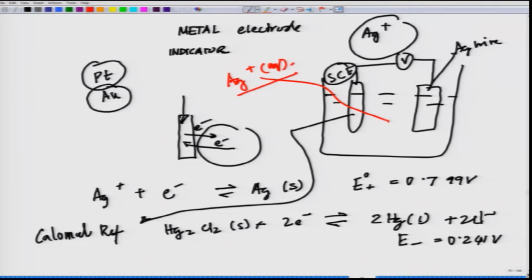Now, if you know the voltage under a known condition, and you change the concentration, if you add more Ag plus into the solution, then the voltage is going to change, and that is exactly what you are going to measure.